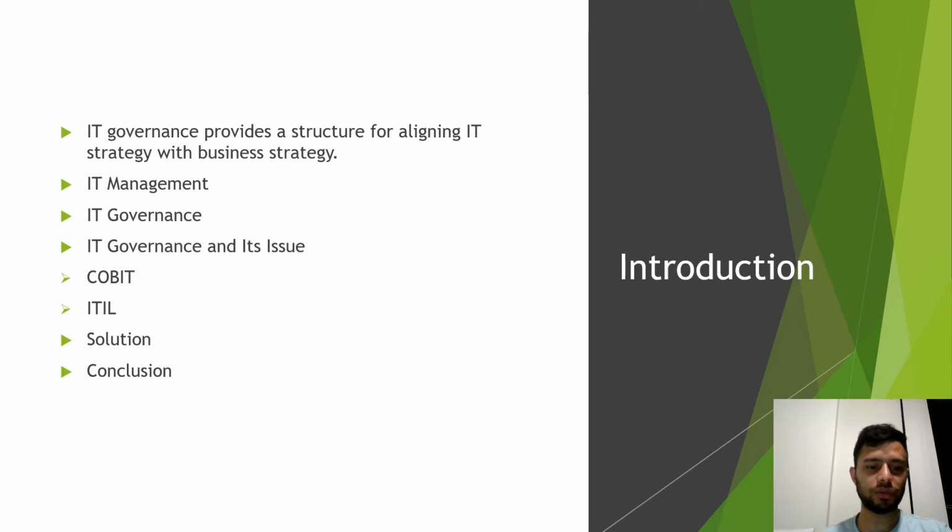And in the issues, I'll be talking about the issues related with COBIT and ITIL model. And the second last part will be the solutions to these issues. And lastly, I will be talking about the conclusion.